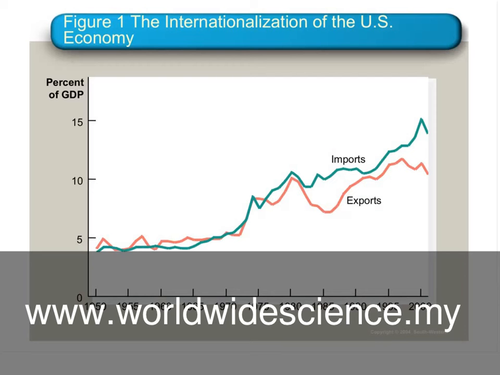From 2000 onward, the level of imports has been increasing, because China has been a major place for outsourcing, a lot of imports are happening from China, and a lot of exports are being discontinued.